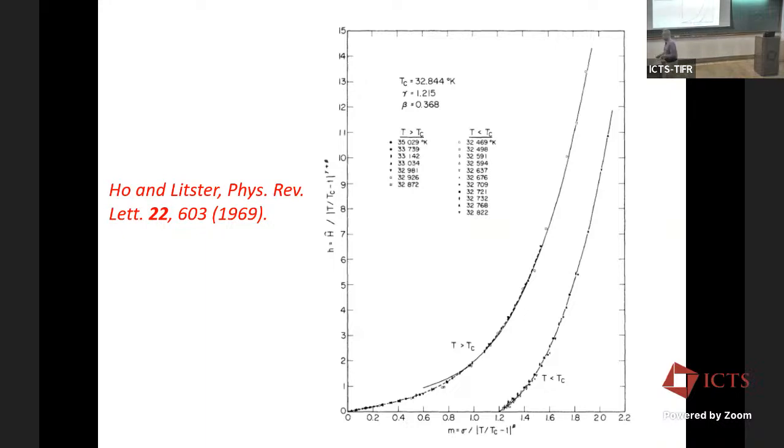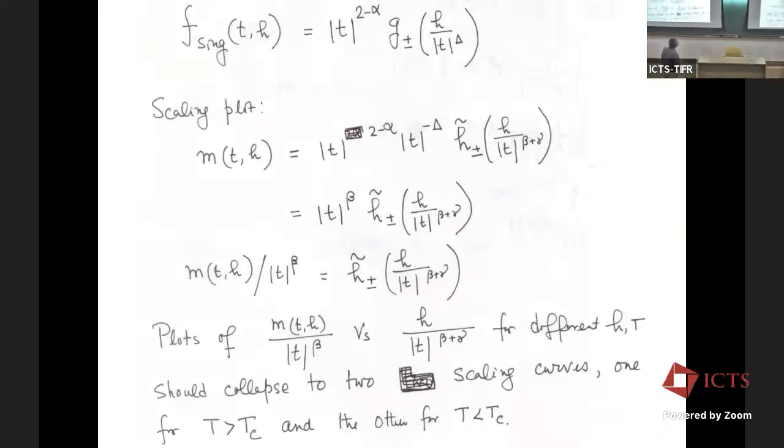Okay, so again, going back, this is basically the scaling hypothesis, that I measure m as a function of temperature and magnetic field, and so that's all I do.